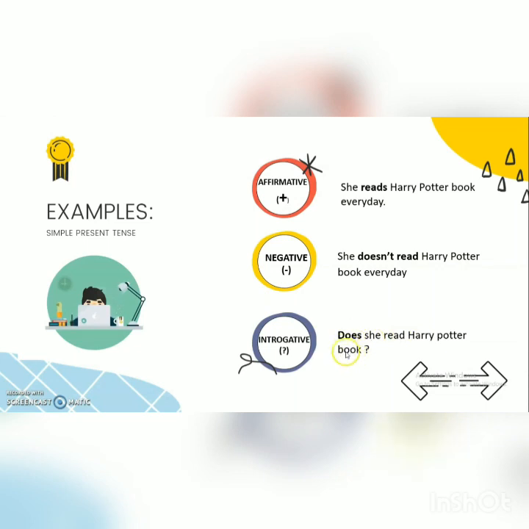That's the example of interrogative. And the verb is of course back to the base form, not adding s or es because there is do or does here. Okay, we know all the functions, the examples, and the form. Let's go next.